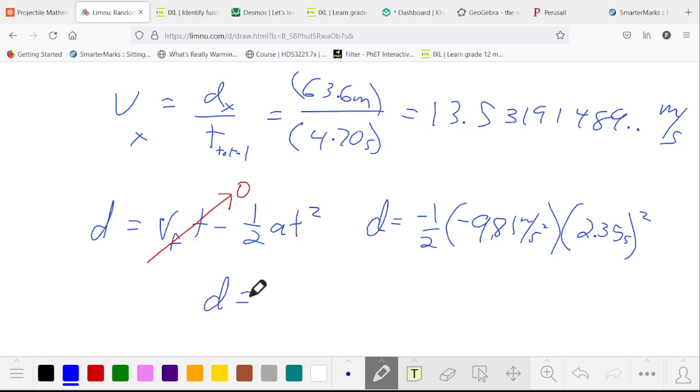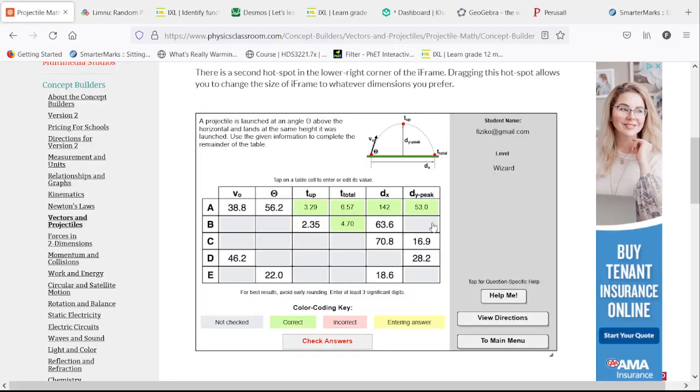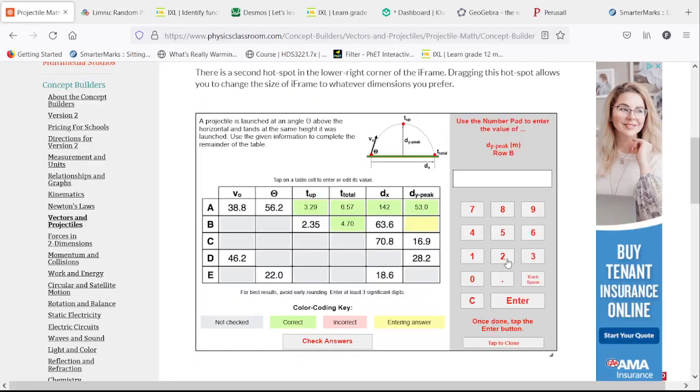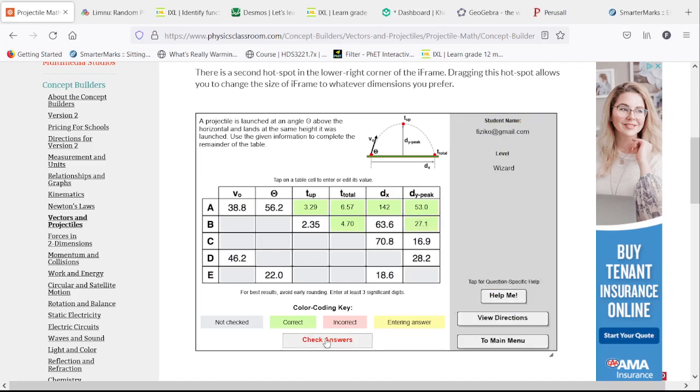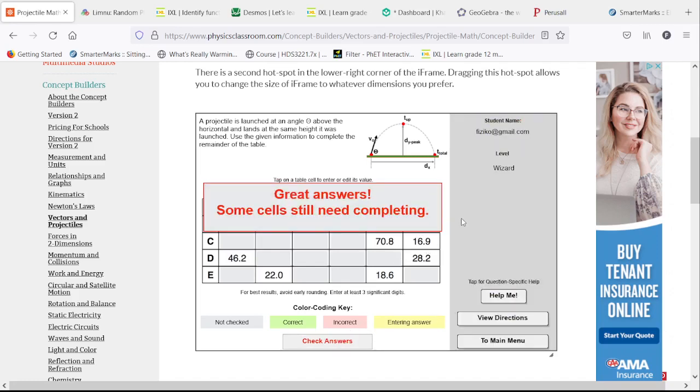So we have negative 1/2 times negative 9.81 times 2.35 squared, and we have 27.0878625 meters, or 27.1. Right. So far, so good.